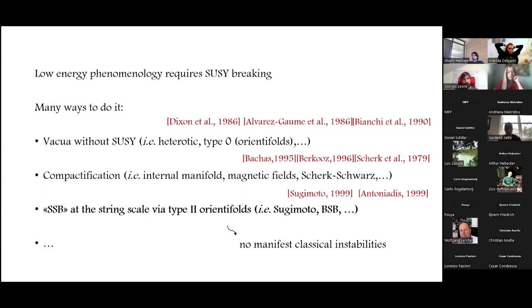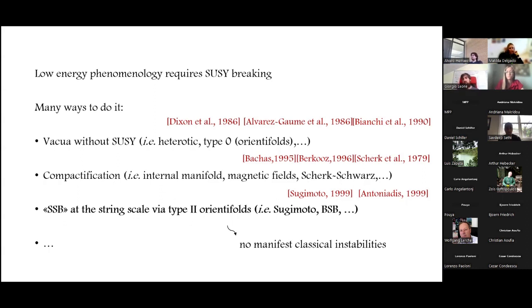So the plan of the talk today will be exploring this new solution that we found for Brane Supersymmetry Breaking vacua. But before doing that, I would like to give a brief discussion about the Sugimoto vacuum in 10 dimensions, since most of the features that will appear in the Brane Supersymmetry Breaking vacua are already present for the Sugimoto model.